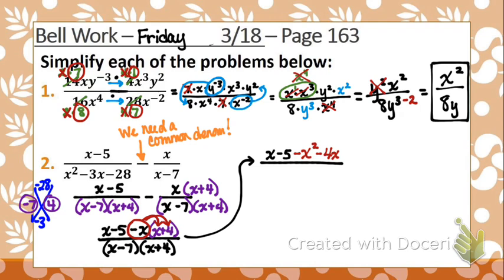Down on the bottom, I have x minus 7 and x plus 4. Do I have any like terms that I can combine? X and negative 4x. What happens when I put those together? Negative 3x.